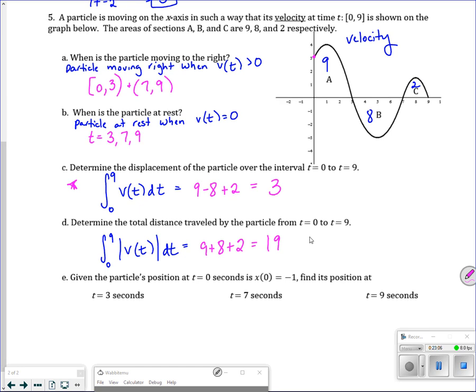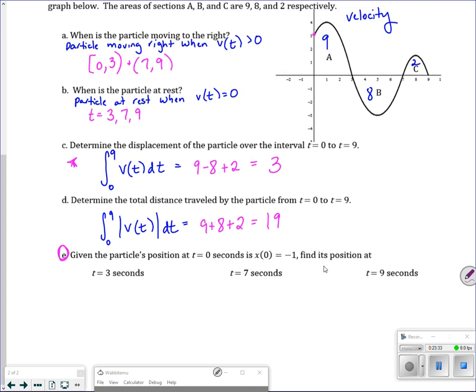Okay? Now let's look at E. E says, given the particle's position at t equals 0 is -1, find its position at those times. Well, I hope that you see this question as the exact same as example 4. If they want the position x, and they used x for position, what are my x values?